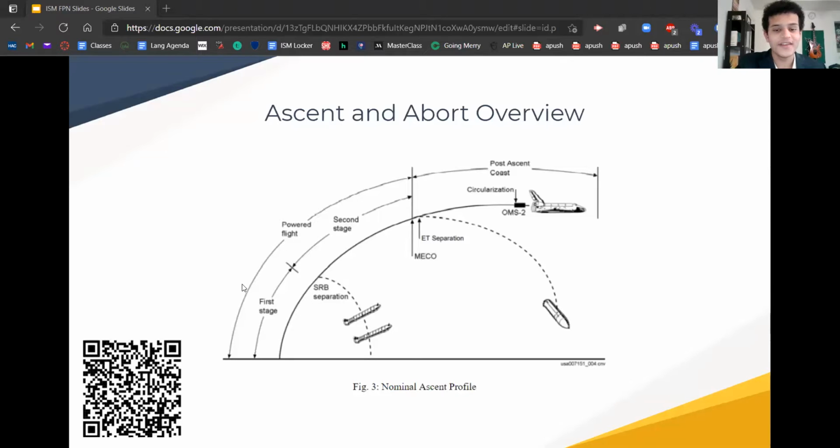A few key things to note about this diagram are the solid rocket booster separation point, and the MECO, which stands for main engine cutoff, and that is a major milestone in the ascent profile of the shuttle. Soon after MECO, the external tank, which was the big orange tank, separates off to eject irrelevant or not required mass. And then the OMS 2 maneuver is carried out, and then further in-orbit procedures are carried out, which is beyond the scope of my research.